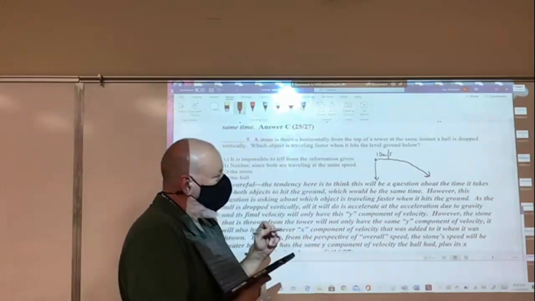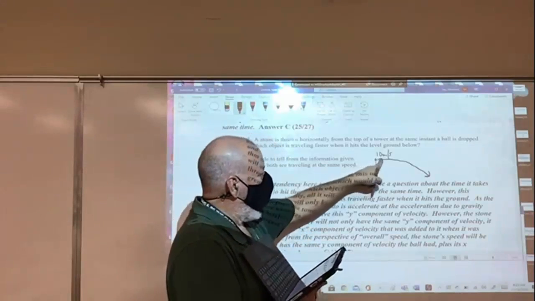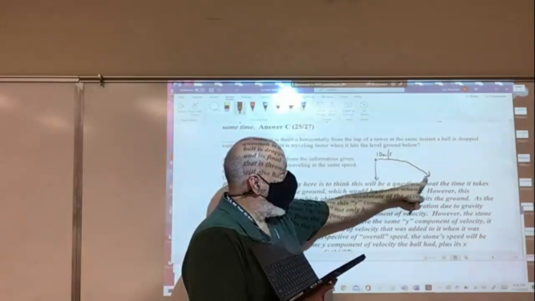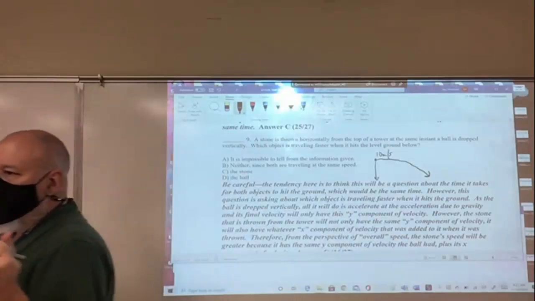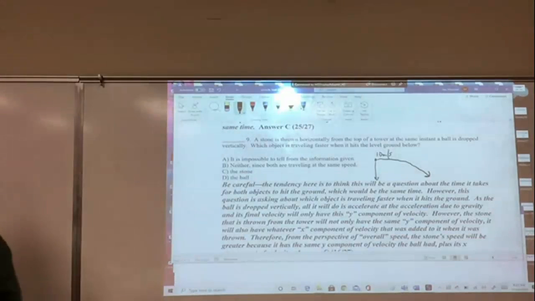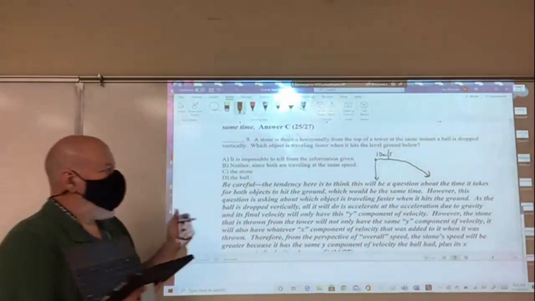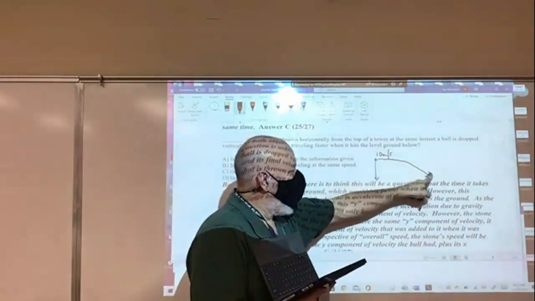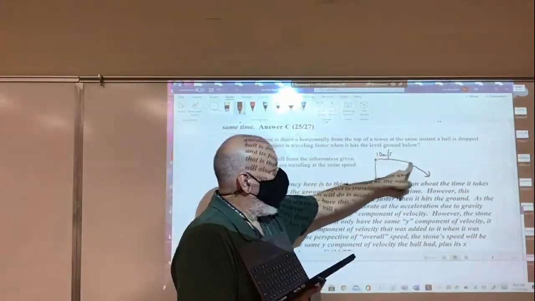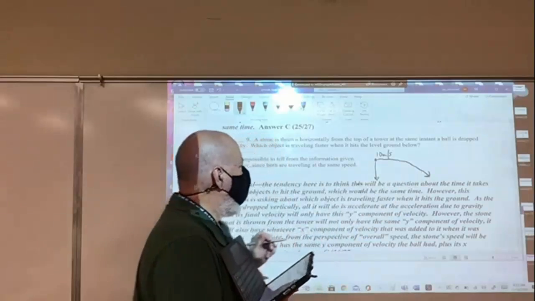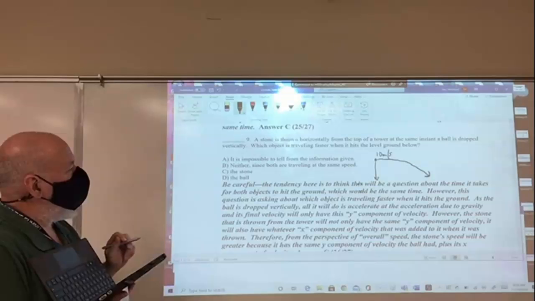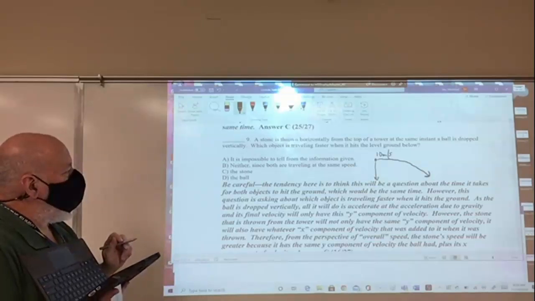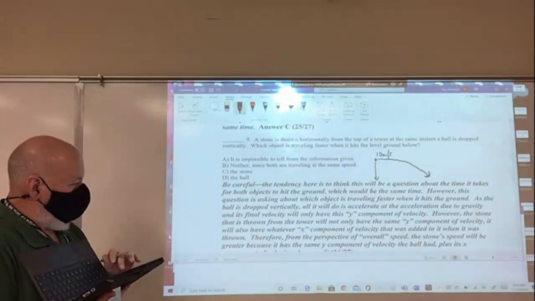I'm going to maintain that 10 meters per second, plus I'm going to add the velocity that gravity adds. So it should make sense then that, we've got a ball and a stone, so the stone is going to be going faster, right?